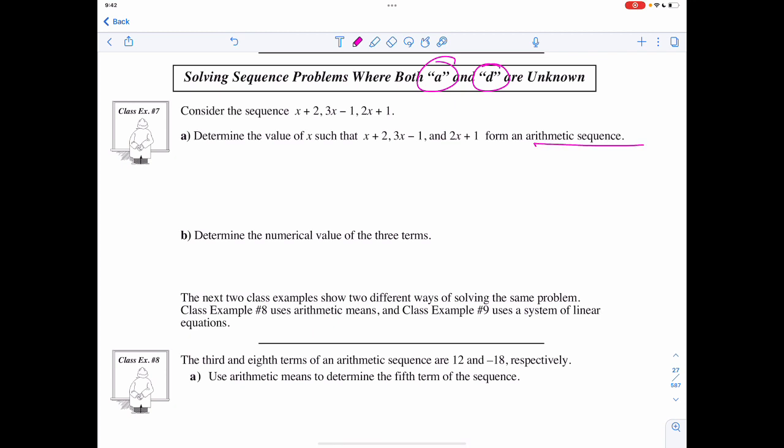And it tells me that they form an arithmetic sequence. Well, what do we know about arithmetic sequences? That the difference between term 2 and term 1 has to be the same, because I'm adding the same amount, as the difference between term 3 and term 2.